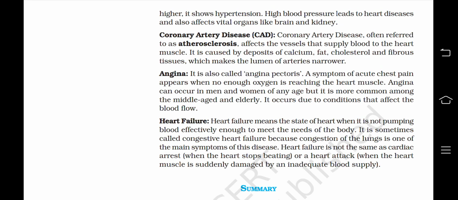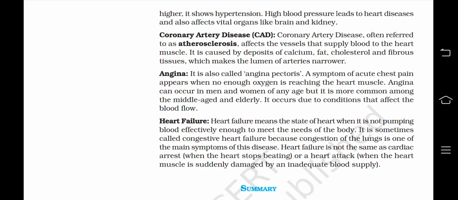Heart failure is when the heart is not pumping blood efficiently enough to meet the oxygen needs of the body, cardiac arrest is complete stoppage of the heart, and heart attack is sudden muscle damage in the heart by an inadequate blood supply. So in a way, CAD can lead to heart attack.